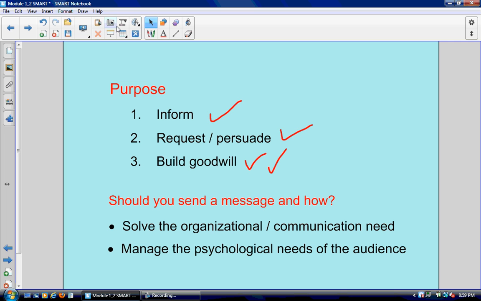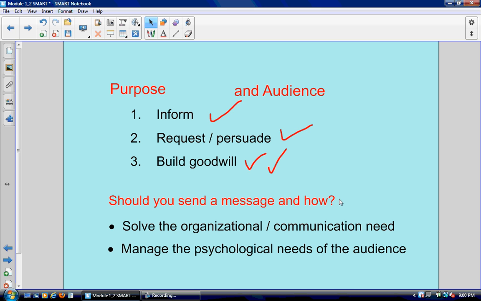Okay. The book also gives you a list of questions which are found on page 10 related to this notion of purpose as well as audience. You want to think about the overall situation and whether or not you need to send a message and how. We talked in the video about email, how requests that ask someone to change their lifestyle, their culture, their values, those kind of big requests, maybe changing jobs, moving to a new site location, transferring laterally in the organization to another city, being fired.